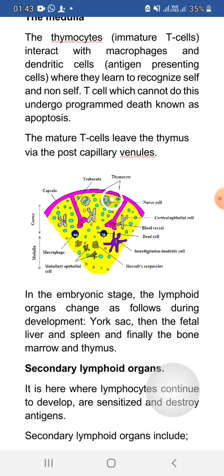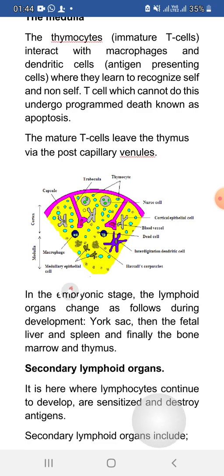The green things are the thymocytes, the developing T cells. This is an antigen presenting cell, cortical epithelial cells. Then macrophages, also antigen presenting cells. There is also a nurse cell, which is supposed to give concentrated nutrients to the thymocytes. So that is the whole structure.